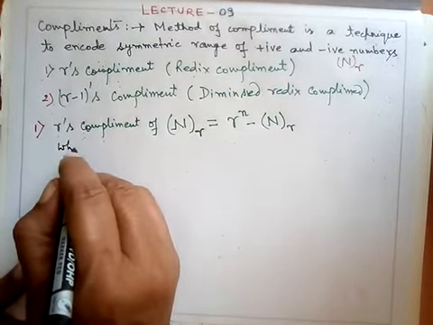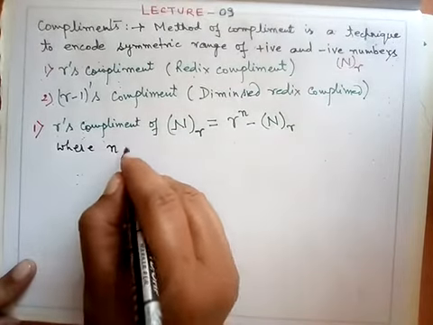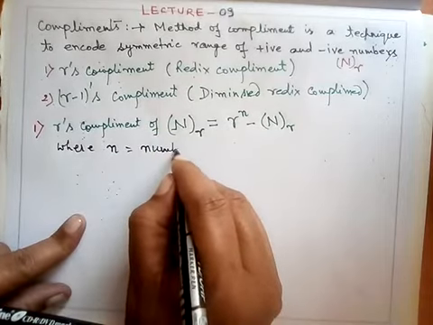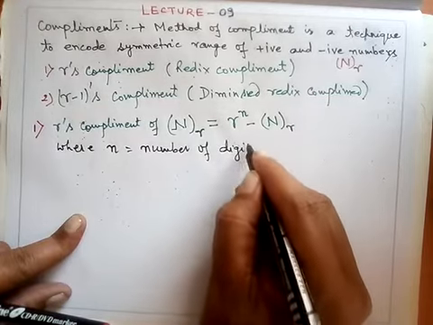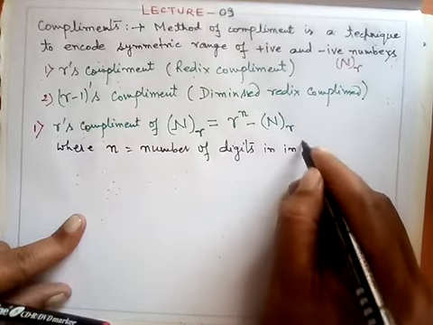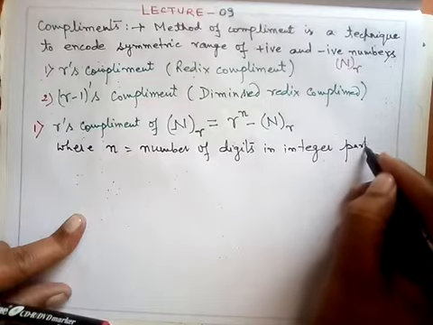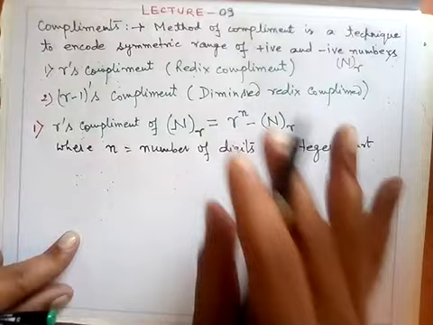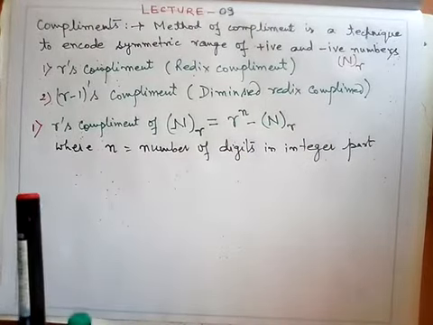This small n is the number of digits in the integer part of this number n. So this is the definition. I'll take a problem later on. Let me define the r minus 1's complement also, then I'll tell you with the help of an example.